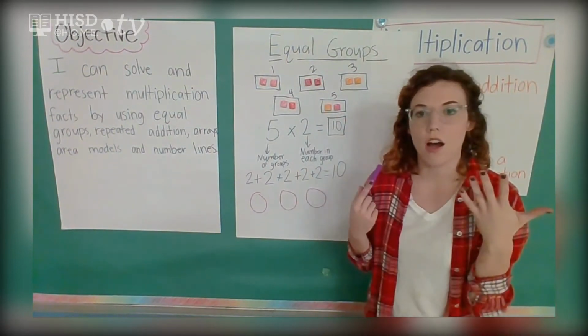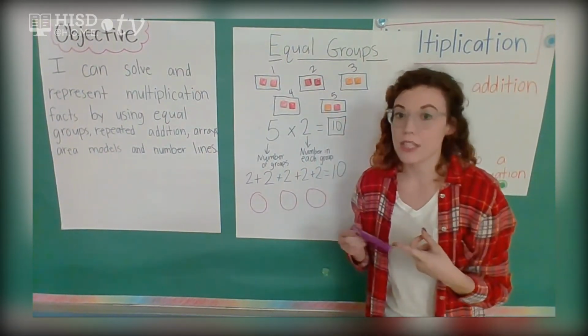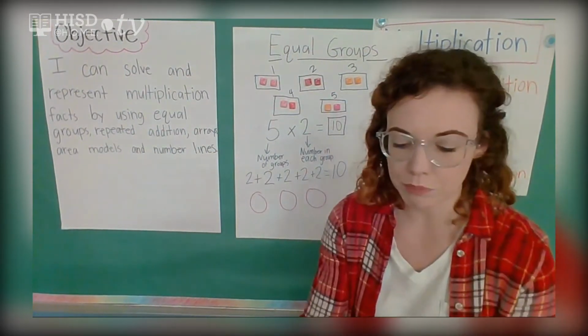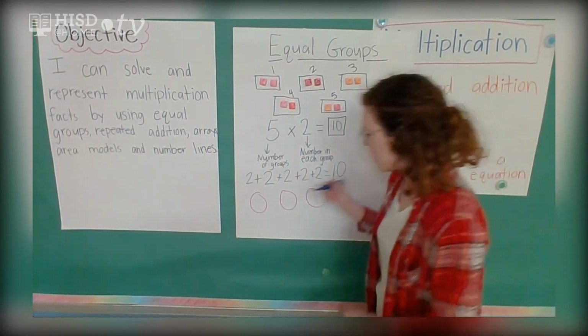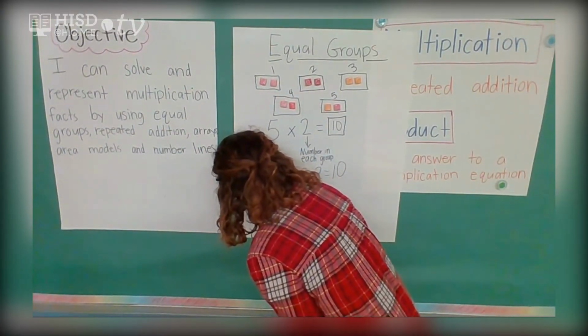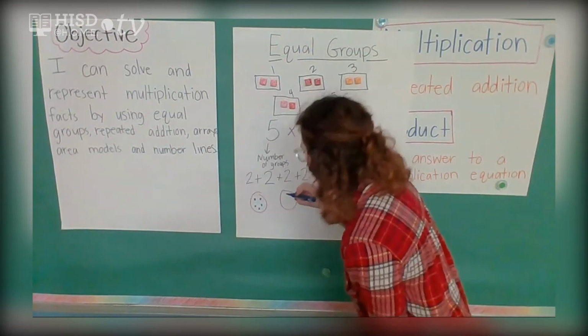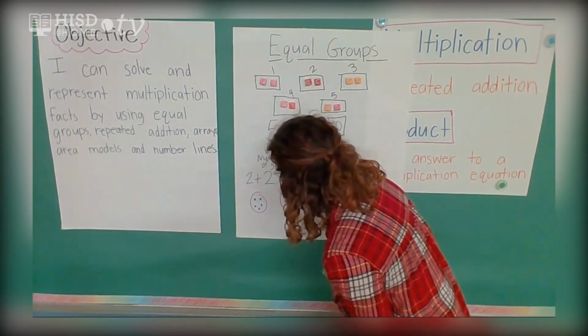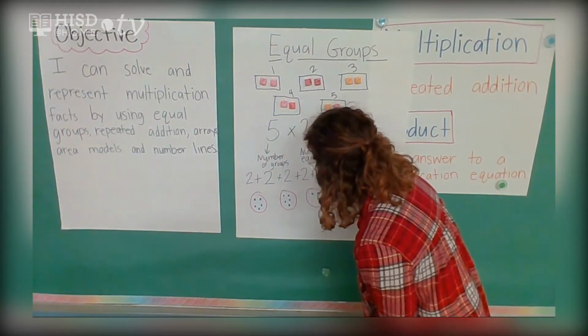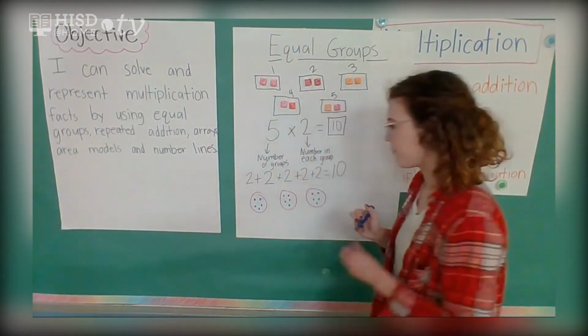You can draw, I like tally marks, some people like dots, some people like different things. We'll do dots for today. So I have 3 groups, and I'm going to put 5 in each group.